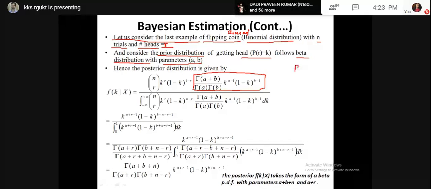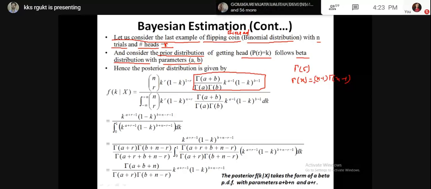For example, if I write compute gamma 5, how do you do it? There is a property: gamma of x is equal to x minus 1 times gamma of x minus 1. So gamma 5 can be written as 4 times gamma 4.